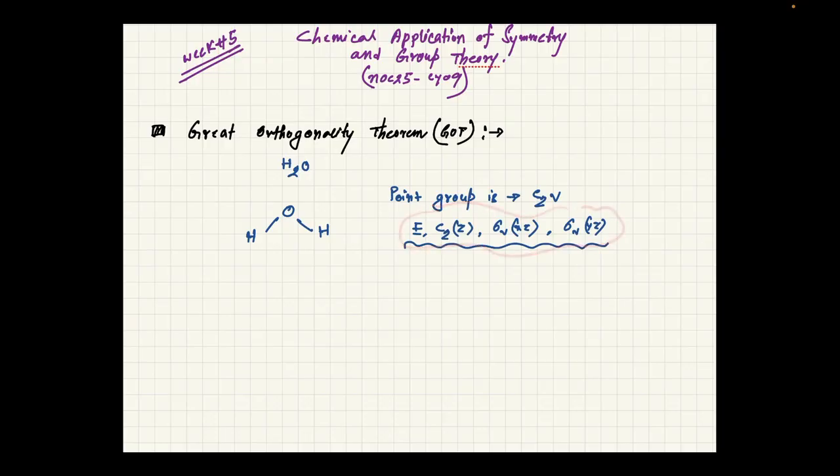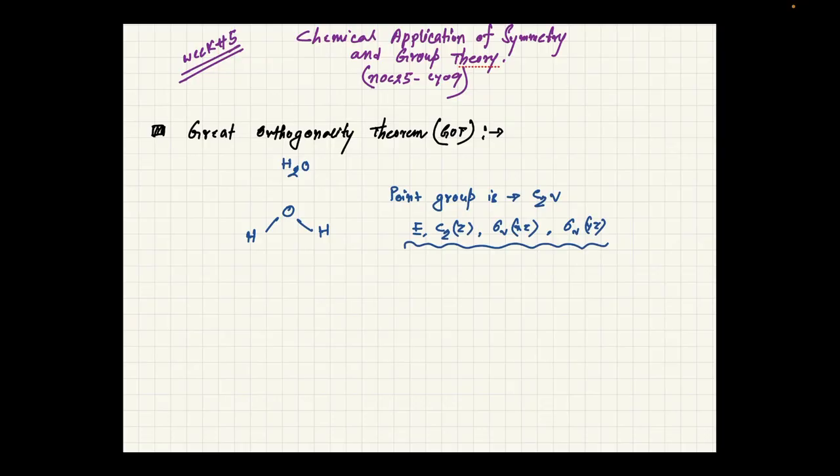Amongst the symmetry operations, if some are conjugate with each other, that means if we can relate them by a similarity transformation, then we say those symmetry operations are conjugate with each other. Then that subgroup of symmetry operations we call a class.